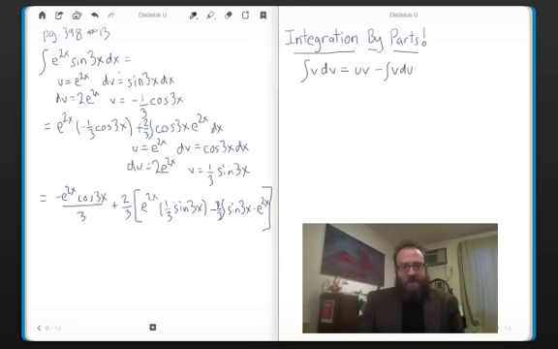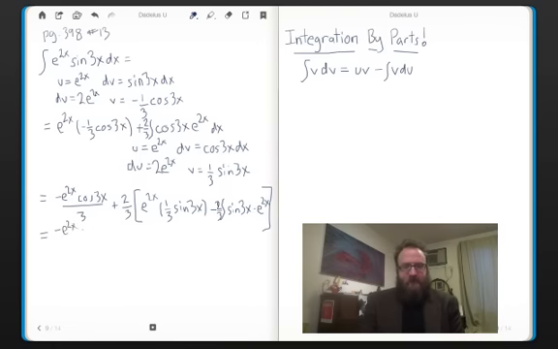That seems a little frustrating, doesn't it? So at this point we have two options. We could do integration by parts ad infinitum until the cows come home, so to speak, and it would go on forever and ever. Or we can use a nifty little algebraic move and be done with this integral in moments.